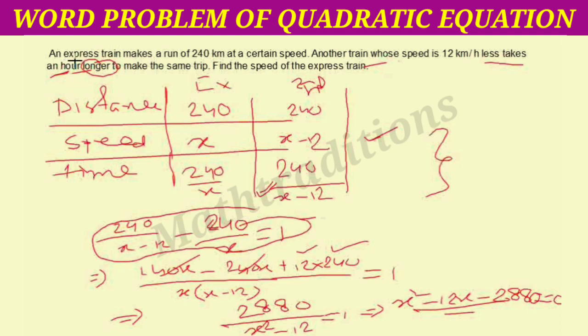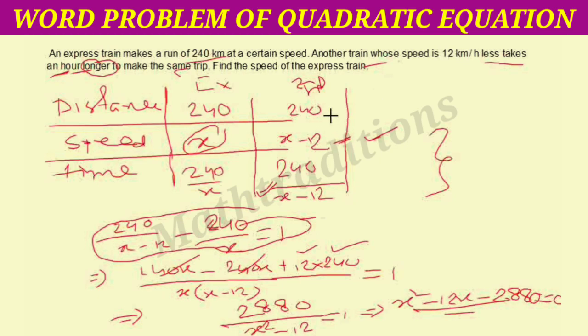such as two trains are there, both covering the same distance, 240, with some speed. For the first one, the speed is not mentioned, so I'm taking the speed as x, and for the second, the speed is 12 less, that means the speed will be x minus 12.